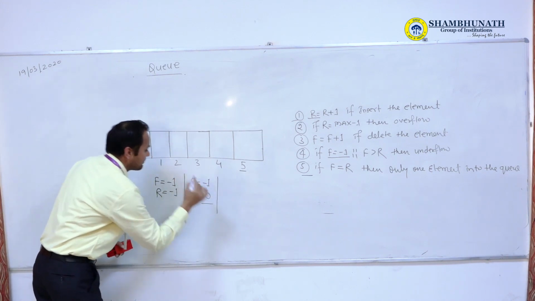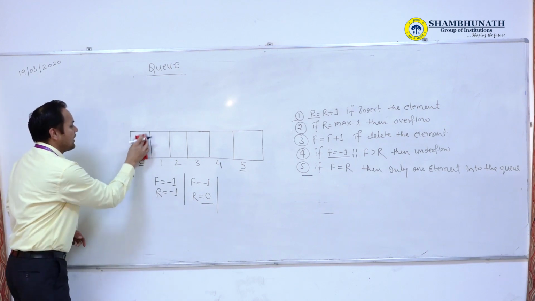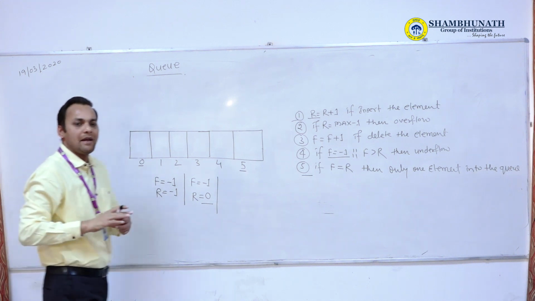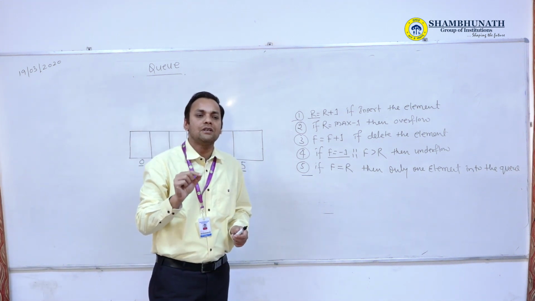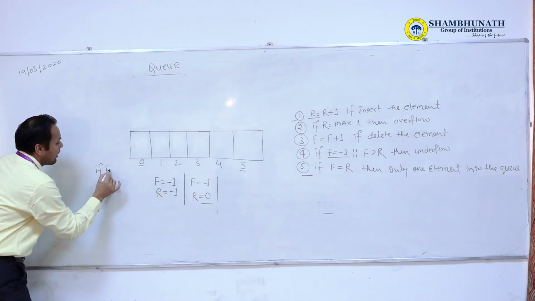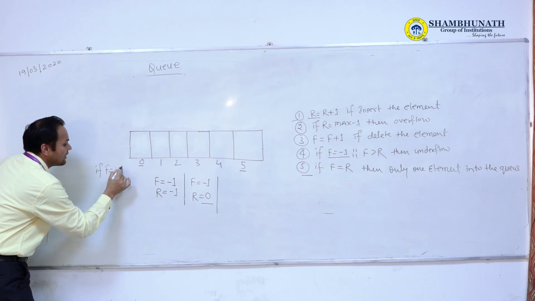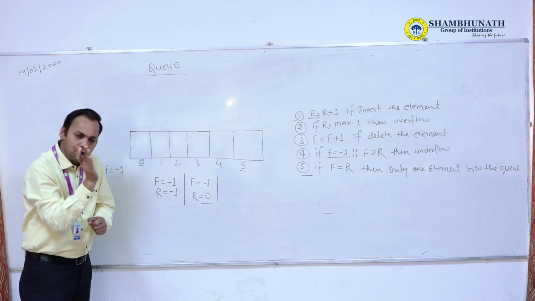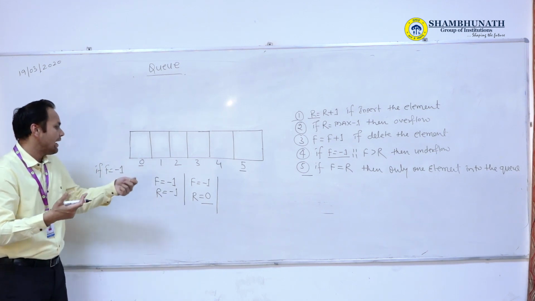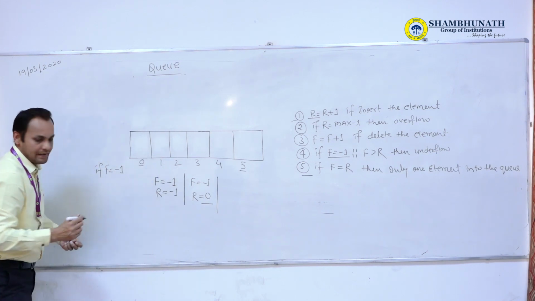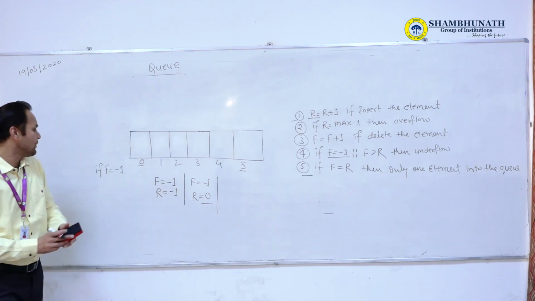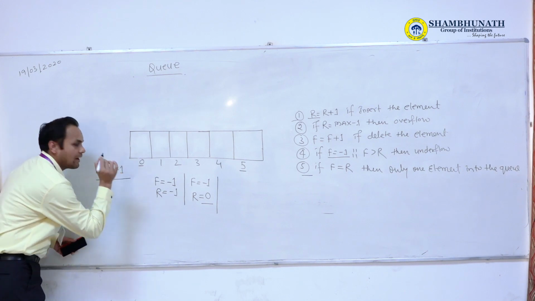One more thing here. First, in an empty Q, if we are inserting the element, first check the position of front. If front equals -1, then change the position of front, then insert the element in the given Q. Like here, there is no element in the given Q. We check the condition of front.